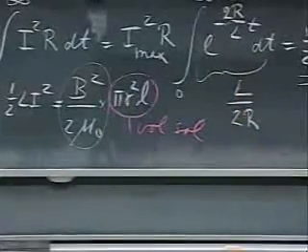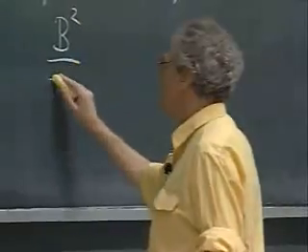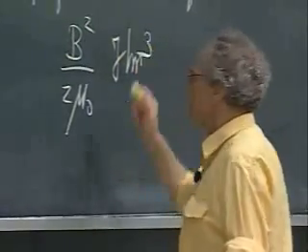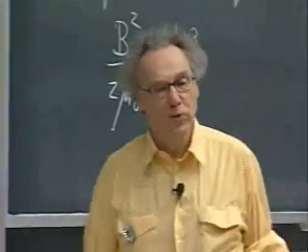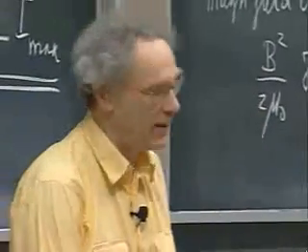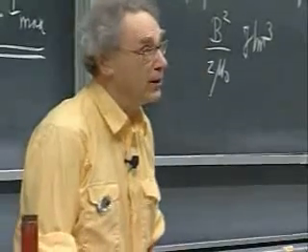So the magnetic field energy density is then B squared divided by 2 mu 0, and this is in joules per cubic meter. So in principle, if you knew the magnetic field everywhere in space, then you can integrate over all space, and you can then calculate how much energy is present in the magnetic field.